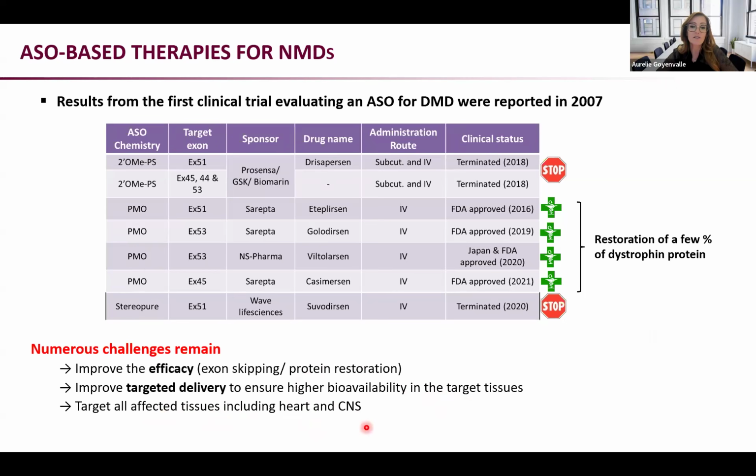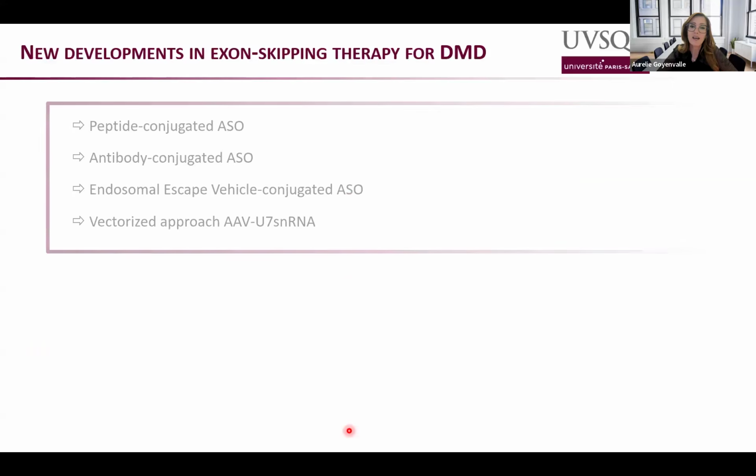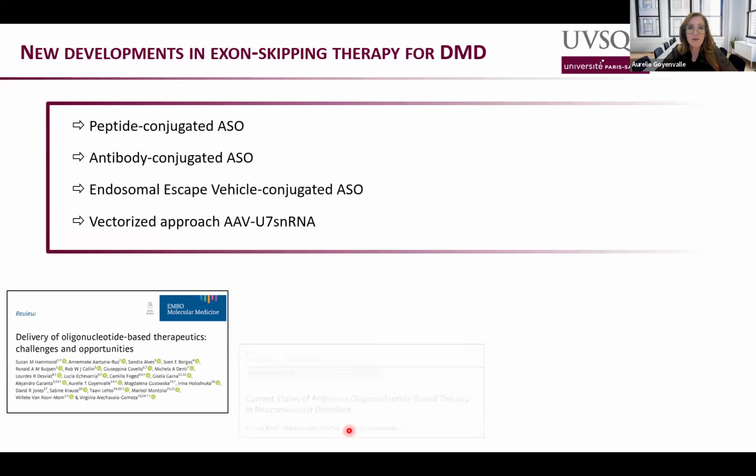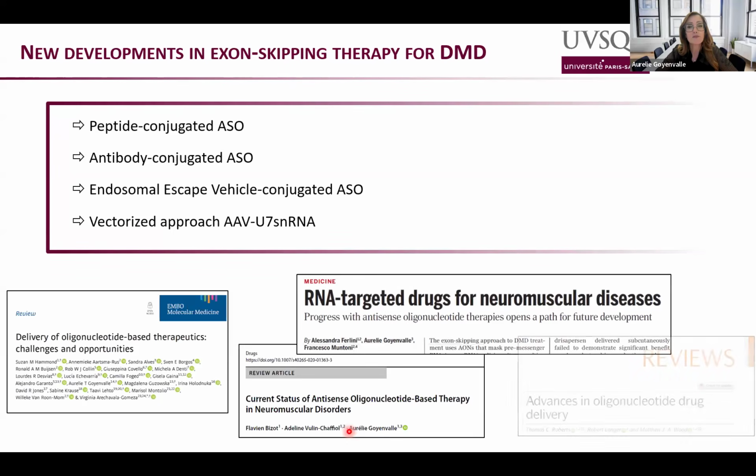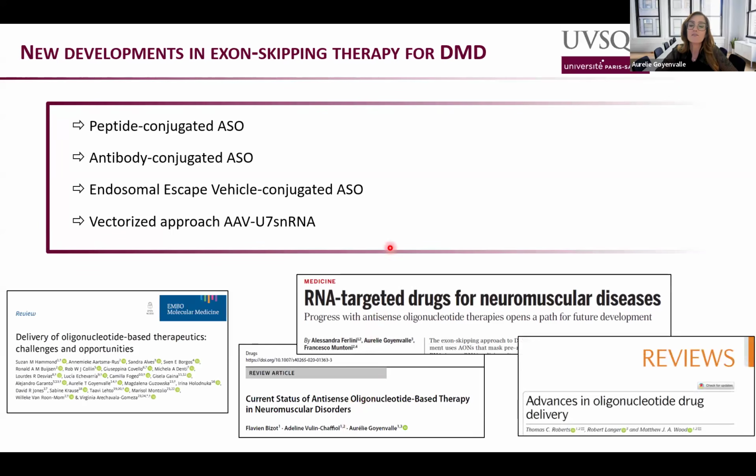You need to target all the skeletal muscle, but also including the heart and the CNS in the case of Duchenne. So there are a lot of new developments to improve this technology, and you have, of course, heard about peptide conjugated oligo, antibody conjugated oligo, compounds that facilitate the endosomal escape, also some vectorized approach that we'll very shortly touch upon today.